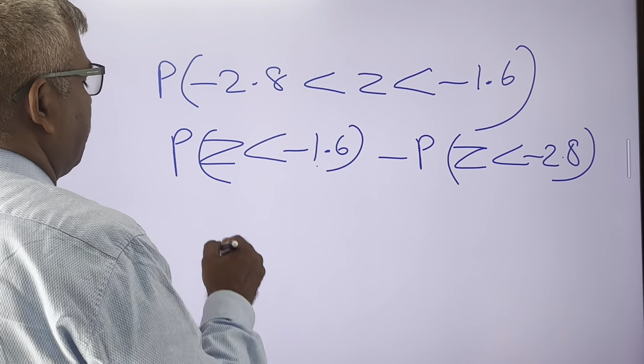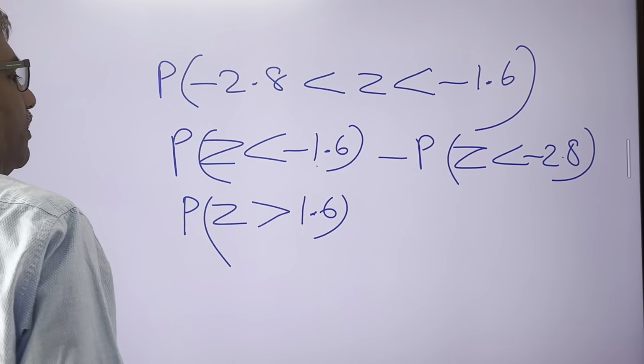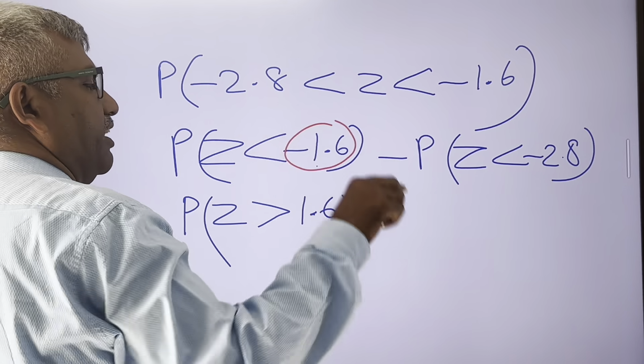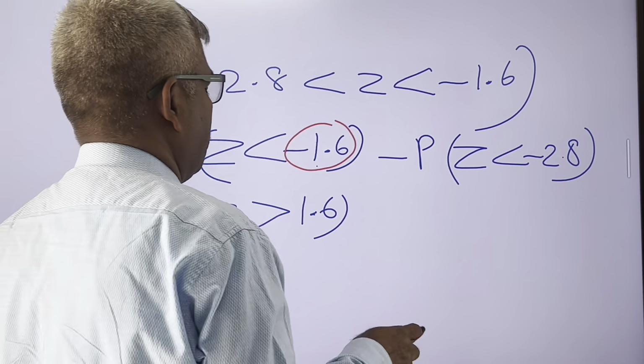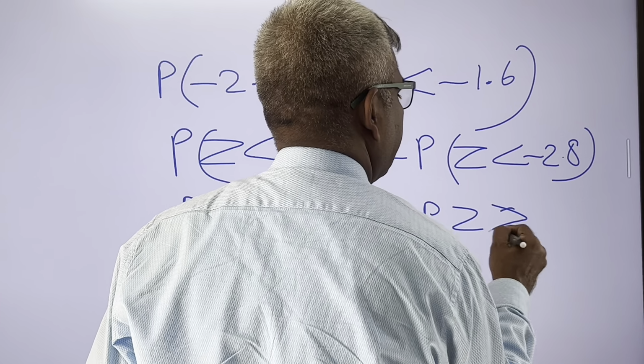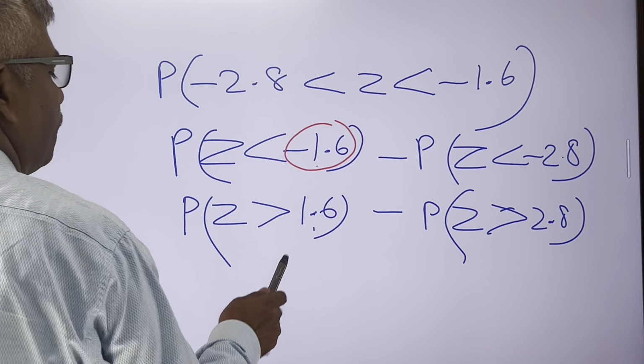Minus 1.6, what can we do? Z is greater than 1.6. Because I already told you, a minus value we cannot find out. Z is greater than 1.6. Then here, Z is greater than 2.8. Okay, this is how we can write.